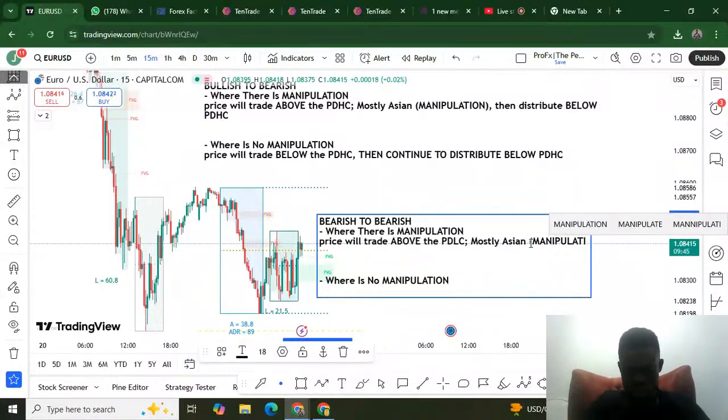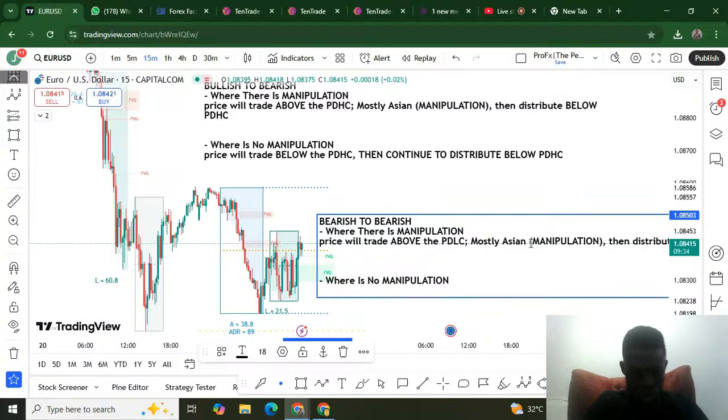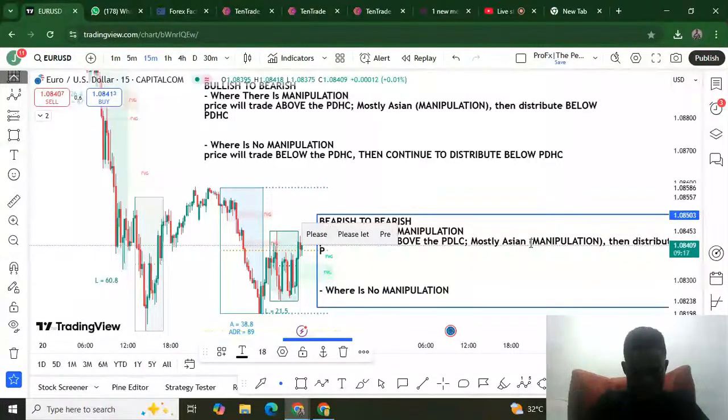Then distribute below the previous day low and close.